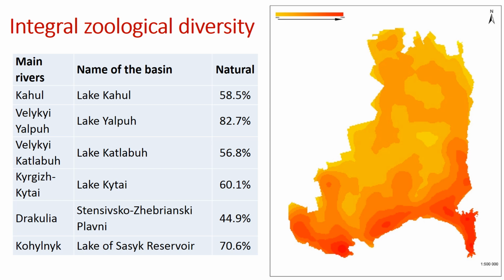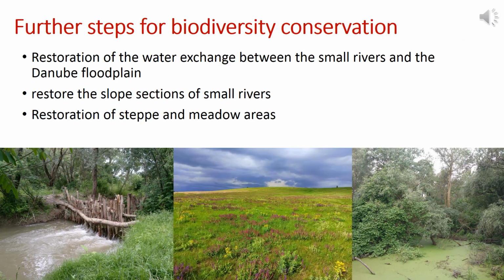The smallest percentage of naturalness is also noted for this region, for the rivers of the Kotlabukh Basin and the Stansovsko-Zhebrianovsky Plavny. This probably explains the least biodiversity in this area for the whole region.